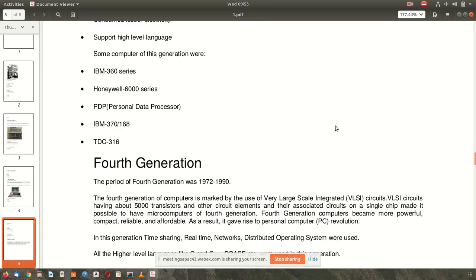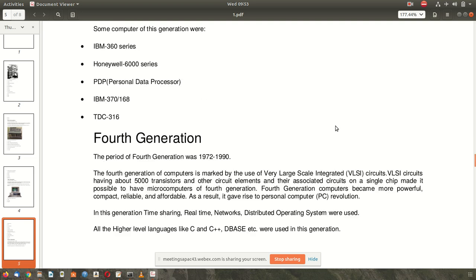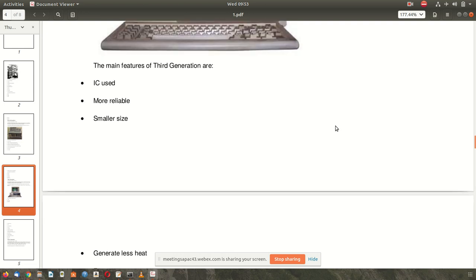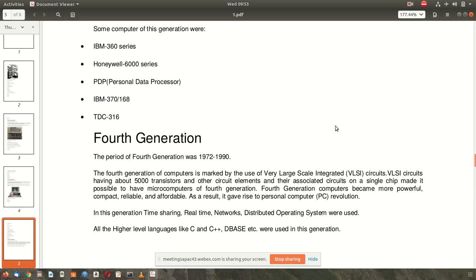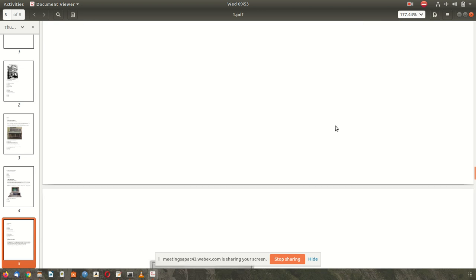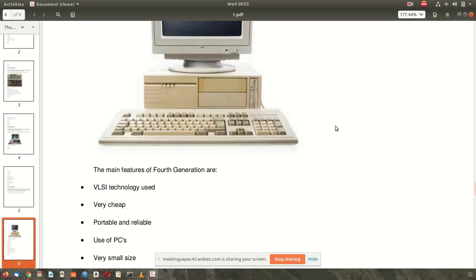Then coming to the fourth generation. In the fourth generation, the same IC became much smaller, and many ICs together can be put into one IC. It's called VLSI. You have heard of this term, VLSI, very large scale integrated circuit. VLSI is a technology where many ICs can be put together into one small rectangular electronic component.